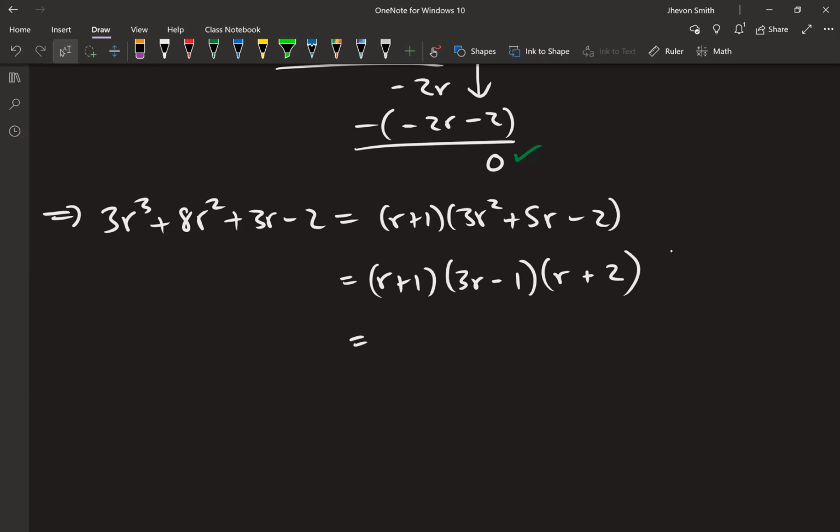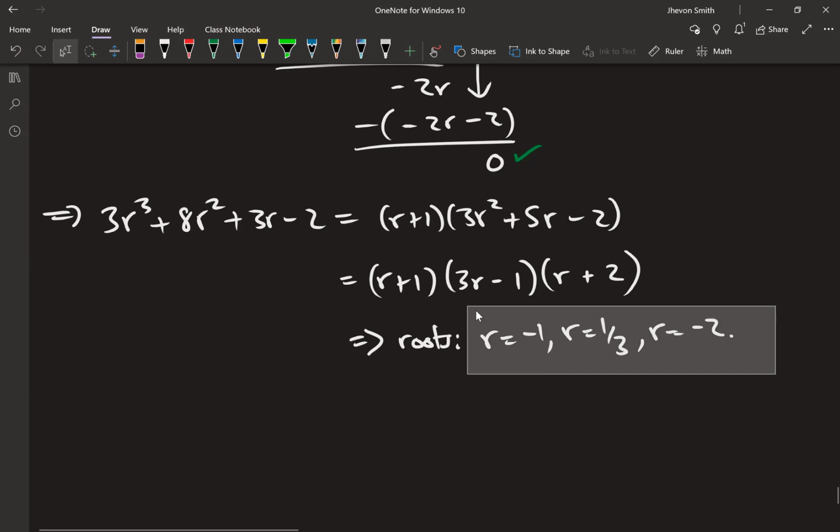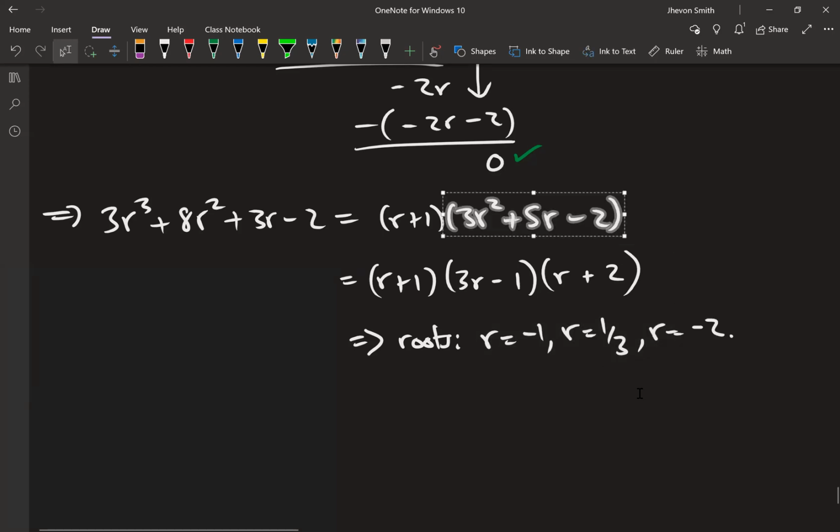That actually works. This means that the roots are r equals minus 1, r equals a third, and r equals minus 2. Notice that someone else could have used minus 2. They would have gotten a different quadratic here, but it would have factored into these other two parts. It would have factored into the r plus 1 times the 3r minus 1.